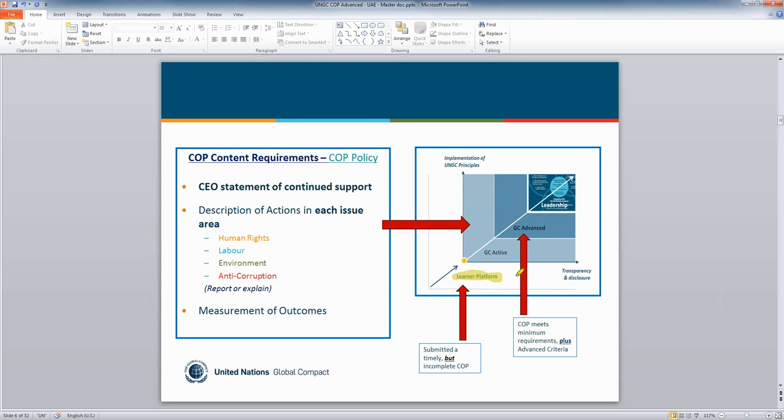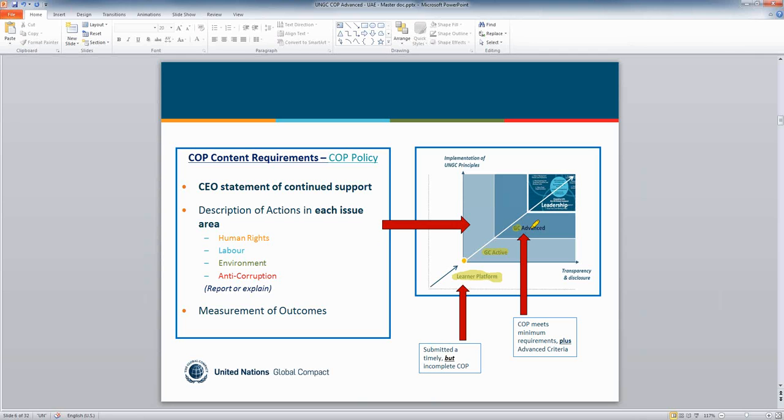So it's placed in the learner category. On the other hand, if a company succeeds in fulfilling all of these requirements in their report, they will be placed in the active category. So to sum up, the active category is where a COP is successful in meeting all of the content requirements established in our COP policy, which are three minimum requirements.